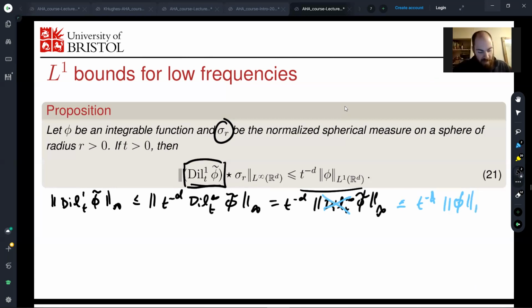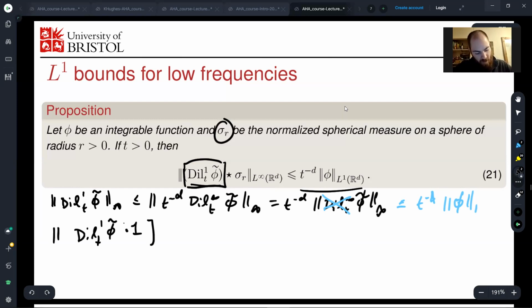Well, I'm going to say that as a result, this is actually the one function times that dilation involved with sigma r. And I can actually split that up.